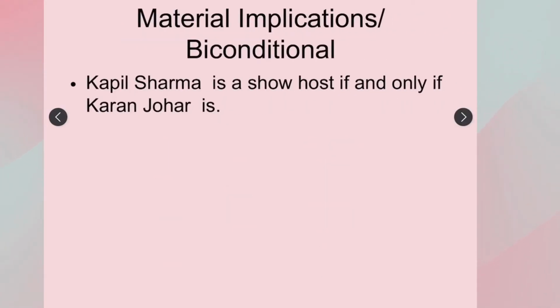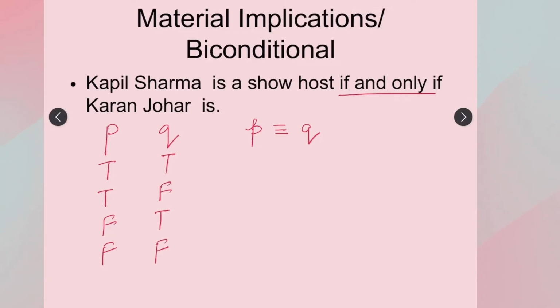Now moving to the next, we have material implication or biconditional. So Kapil Sharma is a show host if and only if Karan Johar is. So again, if you represent Kapil Sharma as P, then Karan Johar will be Q. So you write P, Q, again the same thing, T T F F, and then T F T F. So in this case, when both the components are equivalent, if both the components are true, it is true.